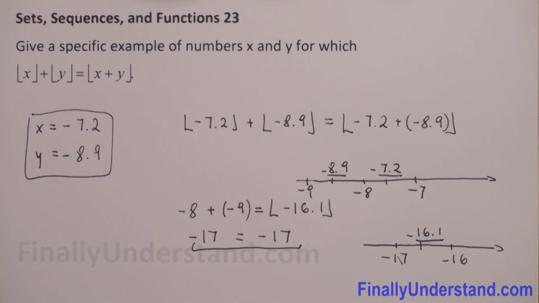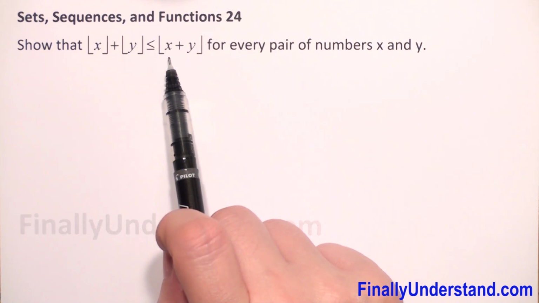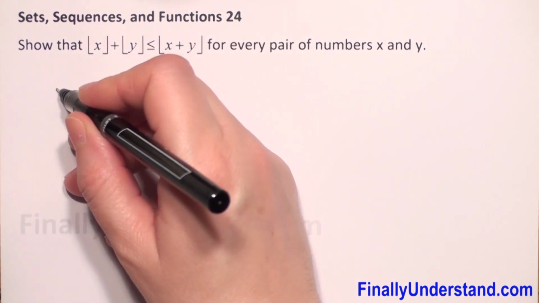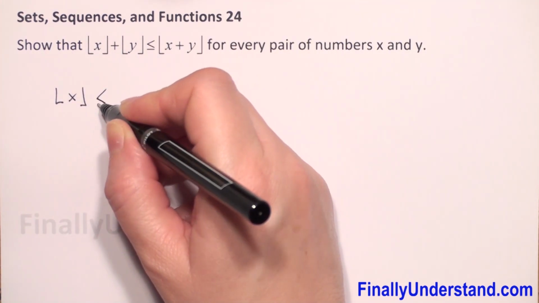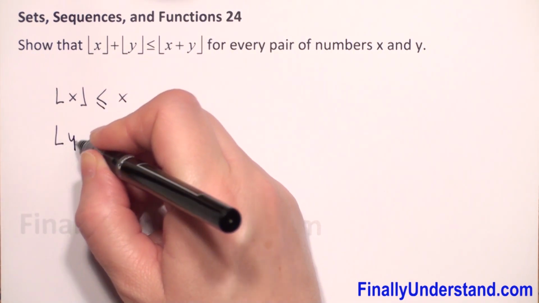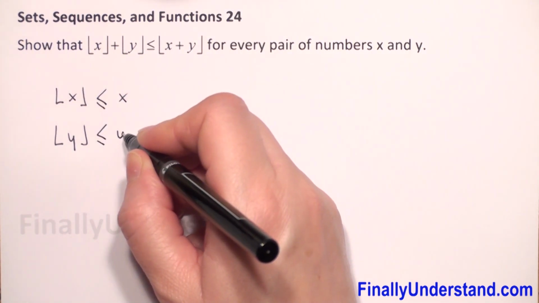This is my solution. We have to show that floor of x plus floor of y is less than or equal to floor of x plus y. So first, from the definition, we know that floor of x is less than or equal to x, and floor of y is the same, less than or equal to y.